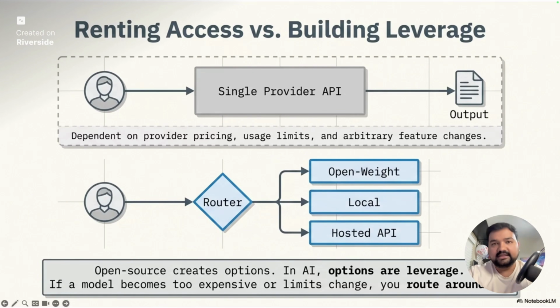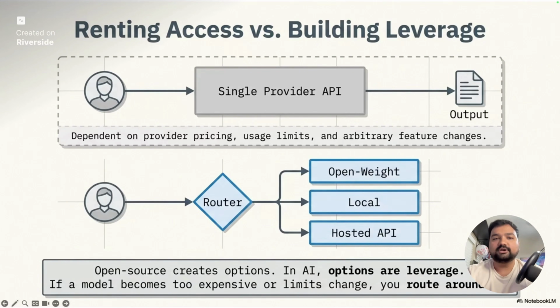But renting also means dependence: pricing can change, limits can change, models can change, and features can disappear. And if your whole work depends on one provider, you are exposed. Open-weight models create options. You can route between models, and you can use hosted APIs. You can run smaller models locally, and you can build workflows that are not locked into one provider.